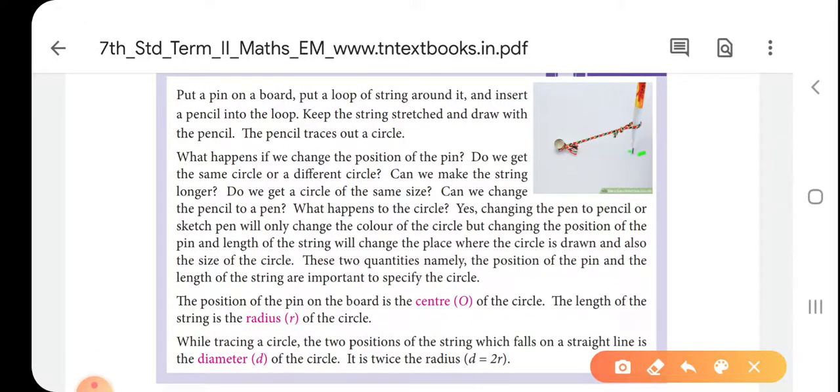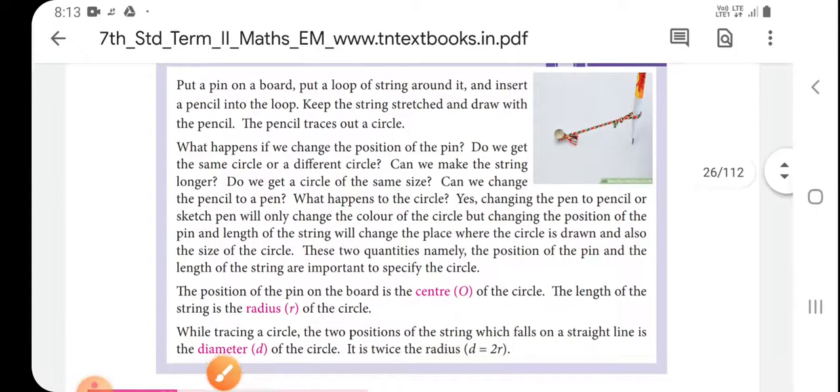This pin position is called the center. The length of the string is called the radius of the circle. Then we have one more parameter, that is the diameter. Diameter is 2 times the radius, twice the radius. These three are important for a circle.